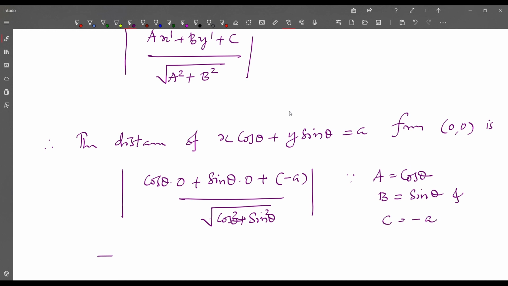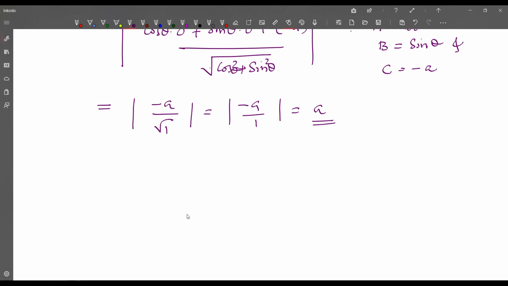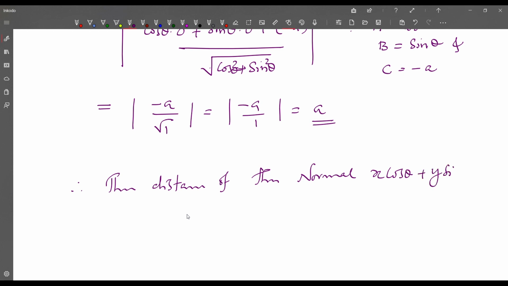So this is equal to modulus of minus a divided by square root of 1. So this is modulus of minus a by 1. So that is a. Therefore, the distance of the normal x cos theta plus y sin theta equal to a from origin (0, 0) is the constant a.